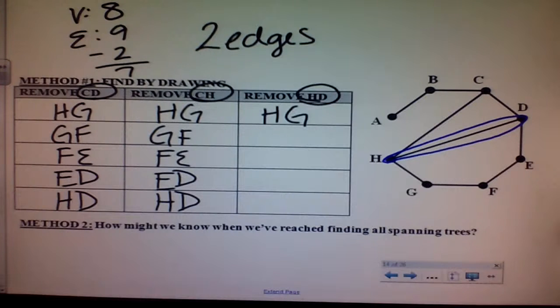I looked at the wrong letter. Thank you for fixing that.